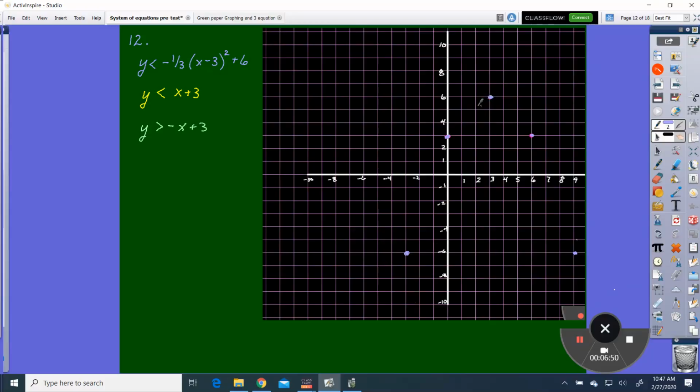So anyways, the center again is the same as what it was for the absolute values, 3, 6. And so that's how I knew where those were. Then to get these points a little bit harder, you can use a table and just start plugging numbers in. That'll generate some points for you. So again, this is going to be a dotted one.